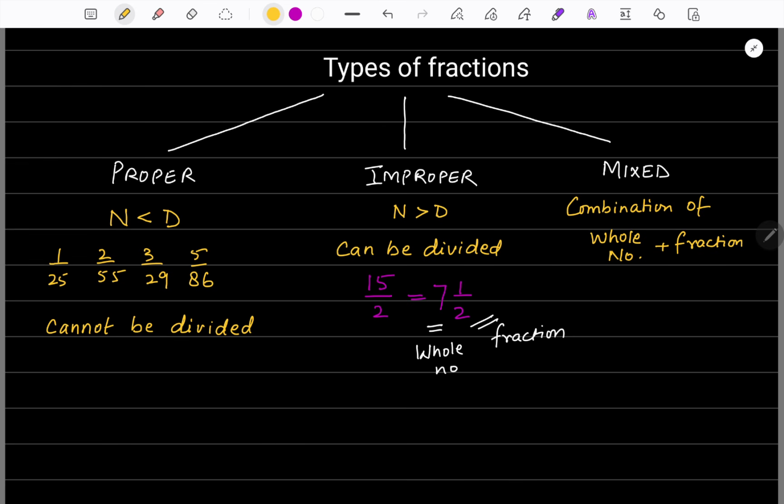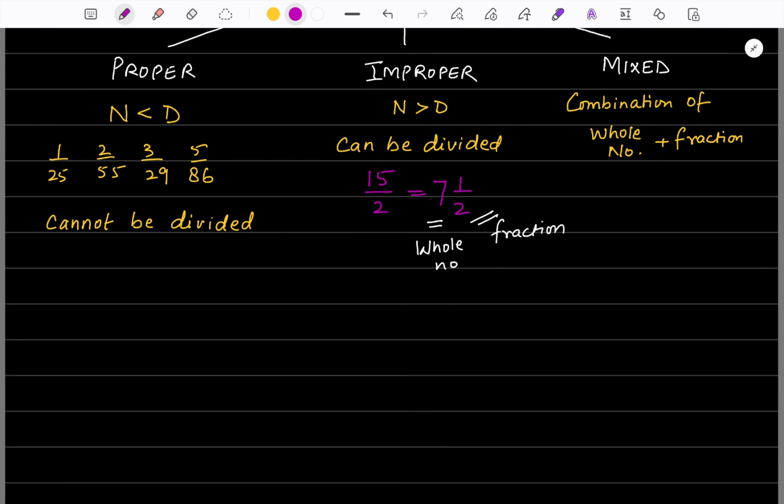The word improper in English itself means something is not proper about it, means something is not right in this fraction, and we see that improper fraction is holding on to a whole number within itself, and when we divide it, it separates into a whole number and a real fraction.